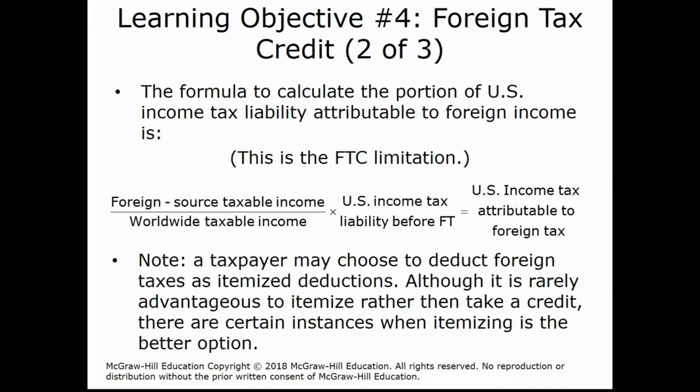Then you multiply it by the U.S. income tax liability before foreign tax. So again, that is the foreign source income divided by the worldwide, that ratio, times the U.S.